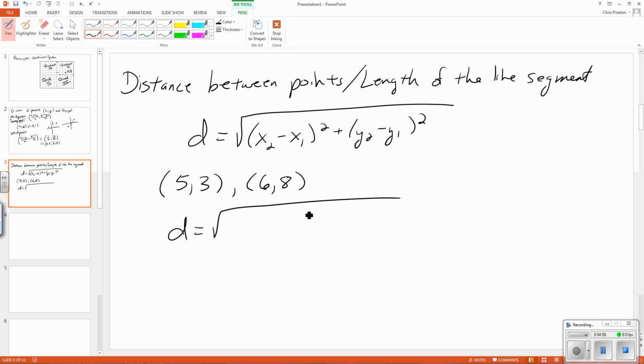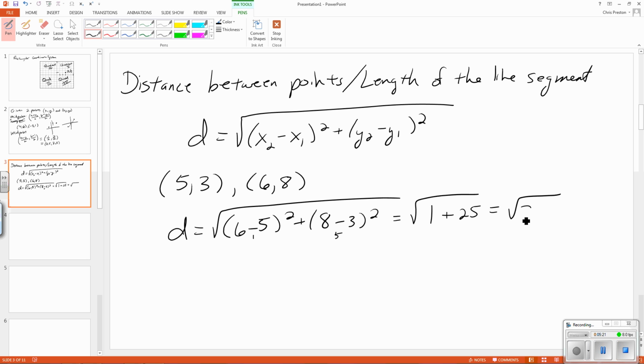I fill them into my formula here. So x2 is 6, x1 is 5 squared, 8 minus 3 squared. I'm going to work these out. So 6 minus 5 is 1, 8 minus 3 is 5, so 1 squared is 1, 5 squared is 25, so this is the square root of 26.